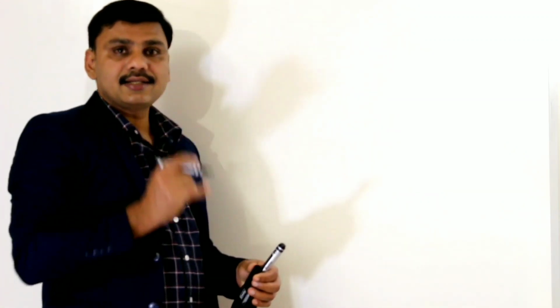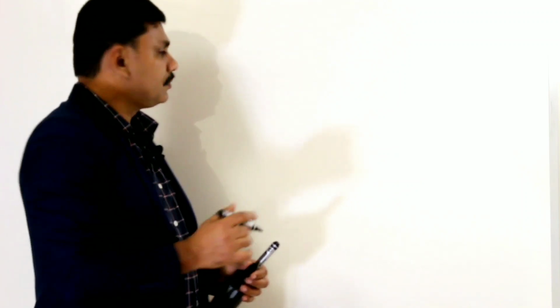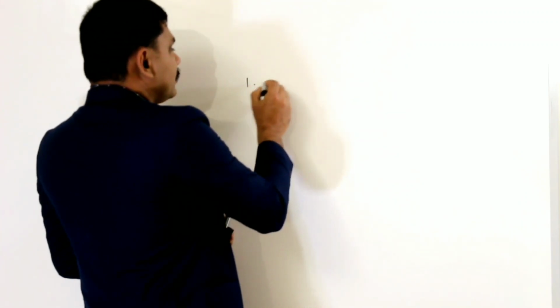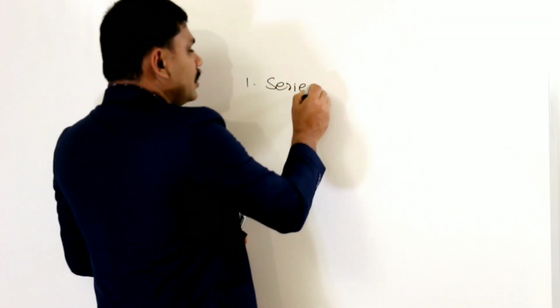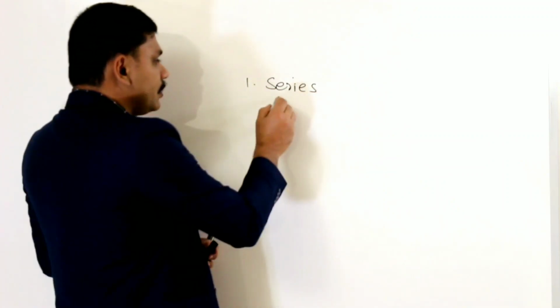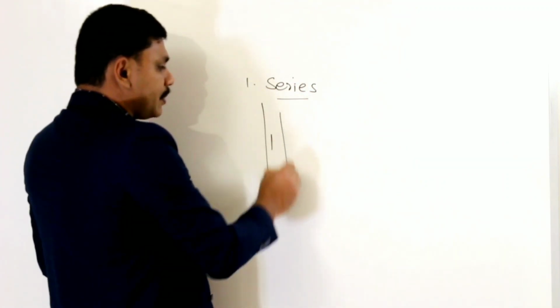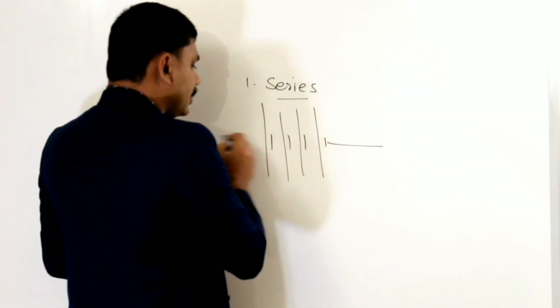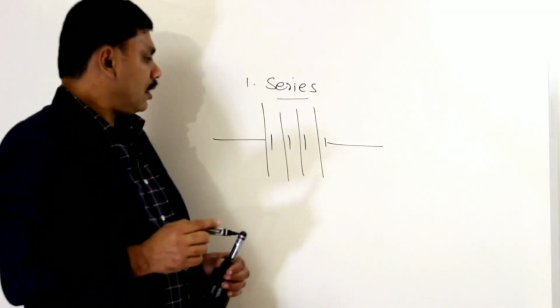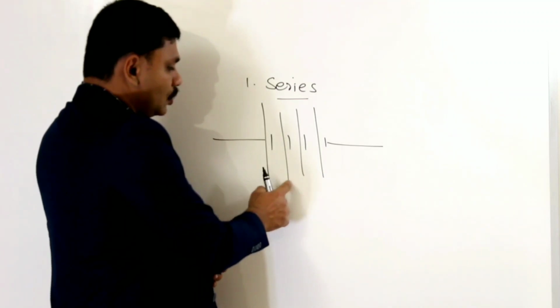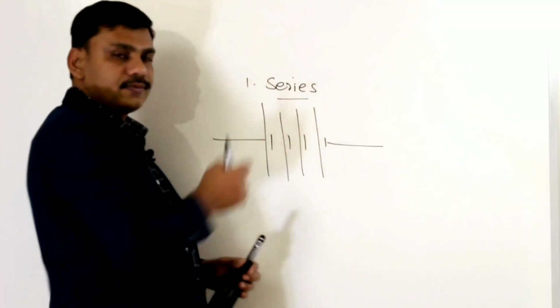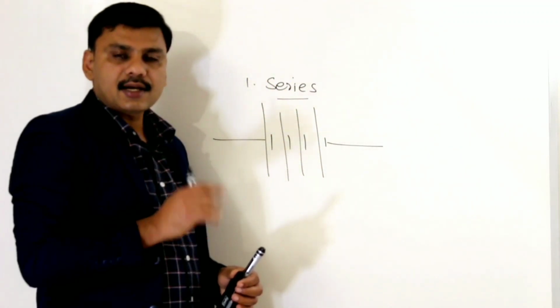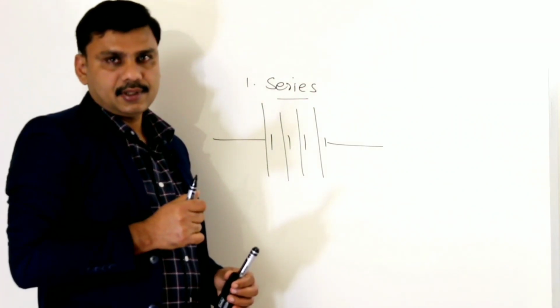Here the cells we can connect in two ways. One is series way of connection. That means plus minus, plus minus, plus minus, like this. Here how many cells are there? 1, 2, 3, 4. Here the 4 cells are connected in series.